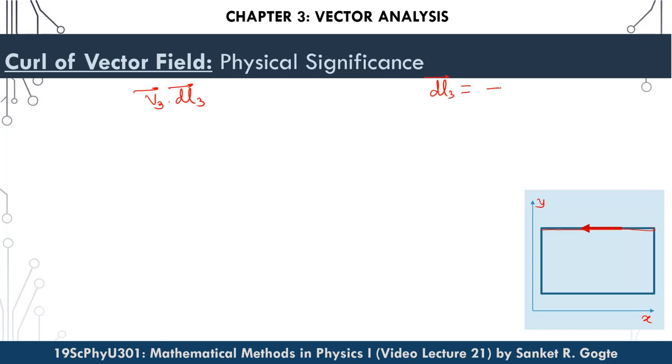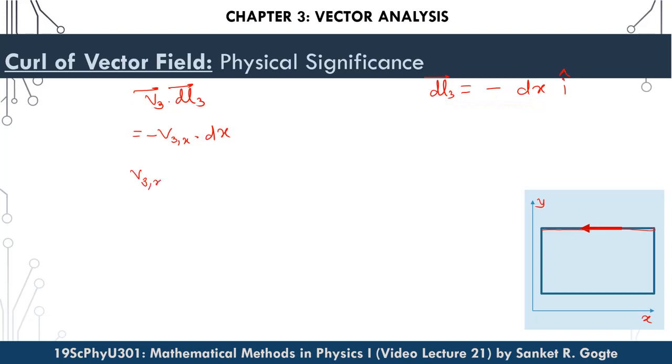Therefore this dot product v3 dot dl3 is equal to v3x, the x component of the vector field along this infinitesimally small line segment, into dx, but there is a minus sign now because dl3 is negative.